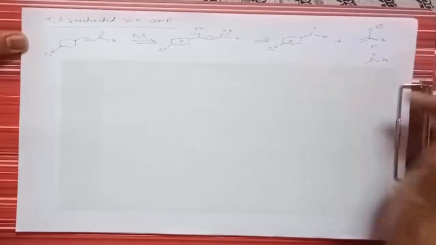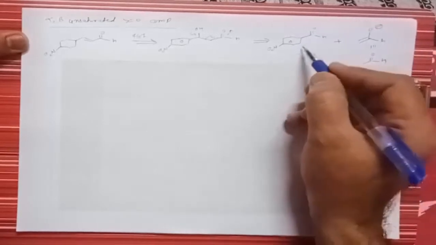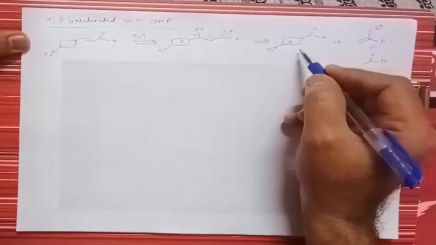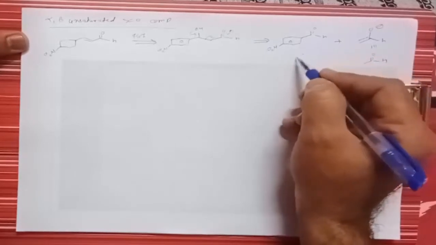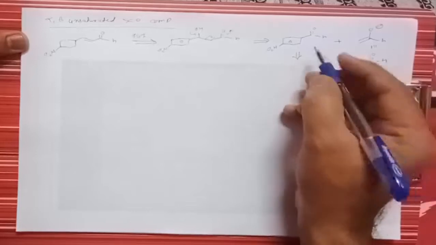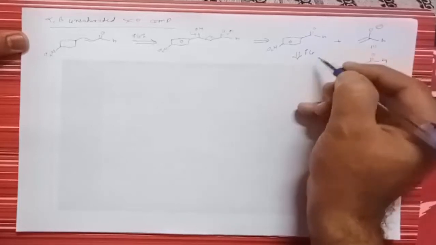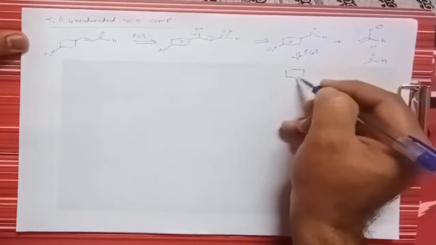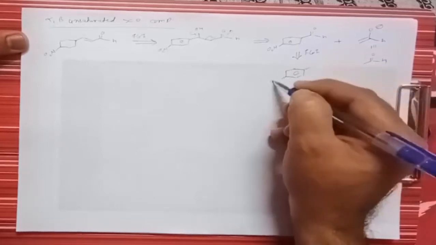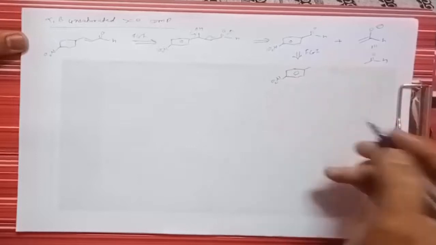So this is acetaldehyde, right? Now this is para-nitro. So this is para-nitrobenzaldehyde, and this para-nitrobenzaldehyde can be easily prepared by functional group interconversion. That means it is para-nitrotoluene, CH3, and this is para-nitrotoluene.